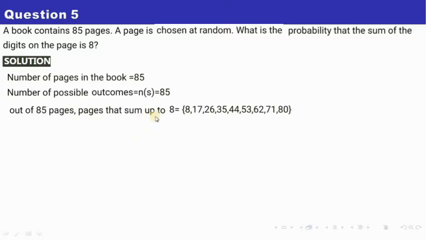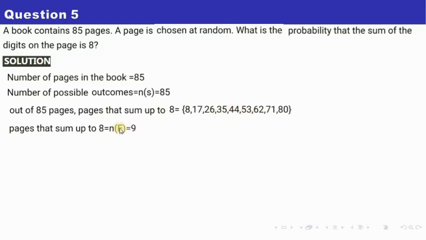Such page numbers are 8, 17, 26, 35, 44, 53, 62, 71 and 80. If you see here, when you add up the digits, you will always get 8. So you want to get these many pages. How many pages are there? Basically you have got 9 possible outcomes if you see carefully.